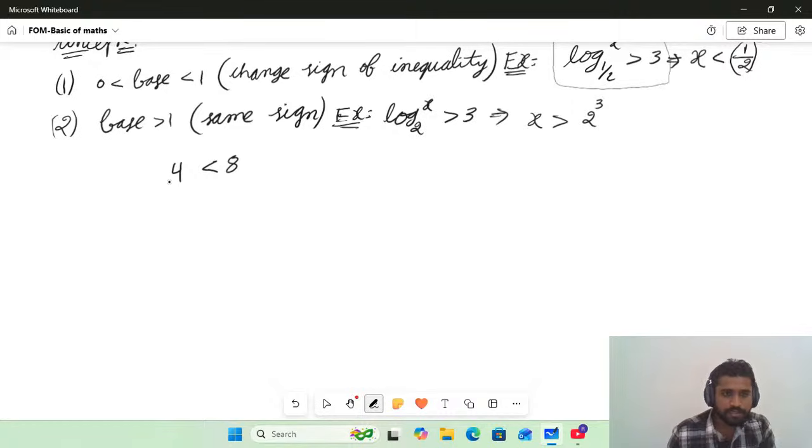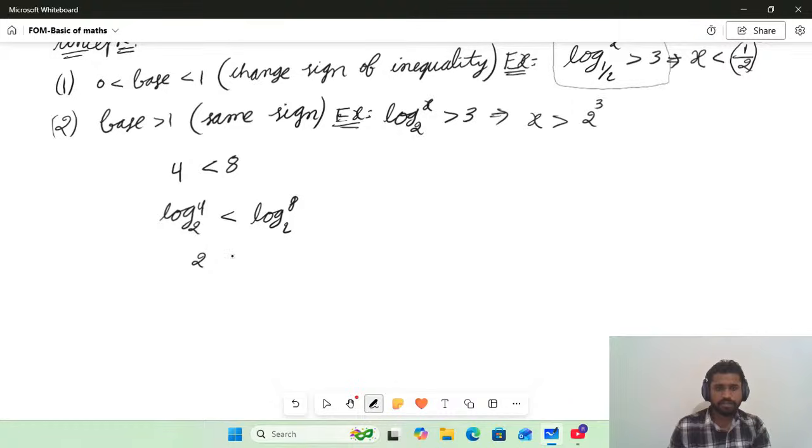So if you apply log with base 2 on both sides of this inequality, 4 less than 8, what is the value of log 4? The log 4 value is 2 and the log 8 value is 3.